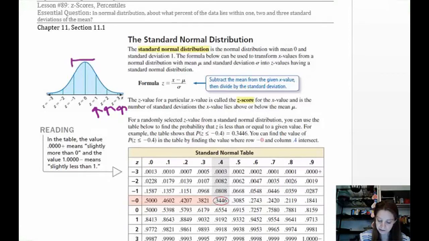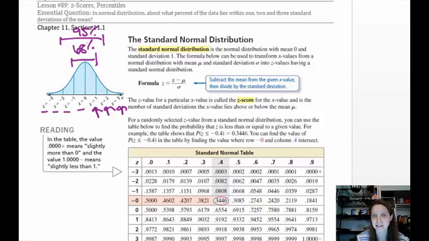So 68% of the data lie within 1 standard deviation above or below. And then we have 95% and so on. So that stays the same. What we've done is we can convert any normal distribution curve into a standard normal distribution curve. And then we'll have these things called z-scores, which will tell us how many standard deviations above or below the mean.